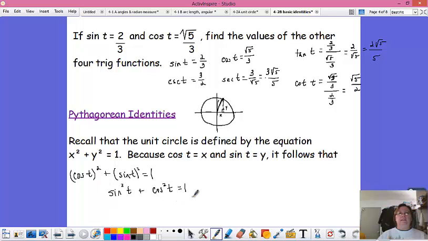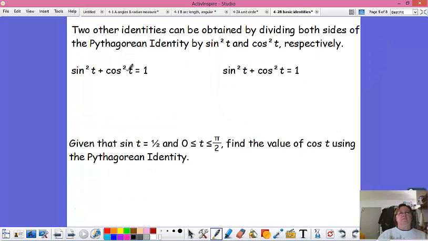The Pythagorean identity is an important one and one that you'll use over and over in class. In fact, it gives birth to two other Pythagorean identities. They can be found by dividing each of the terms by either sine squared or cosine squared.